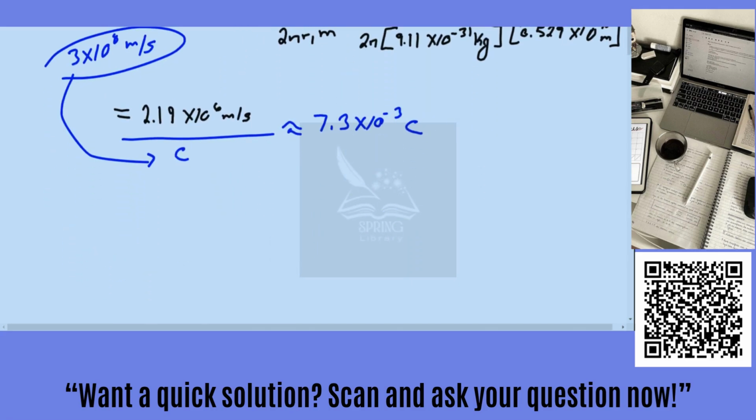So we're still not done, because they gave us the relativistic factor formula, which is given to us as the square root of 1 minus v divided by c, squared.